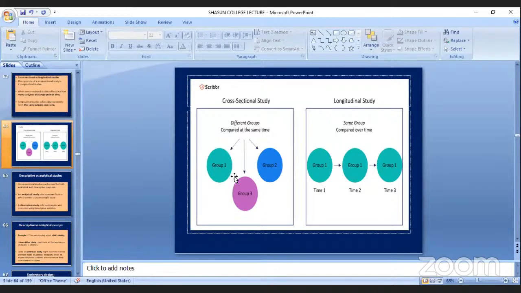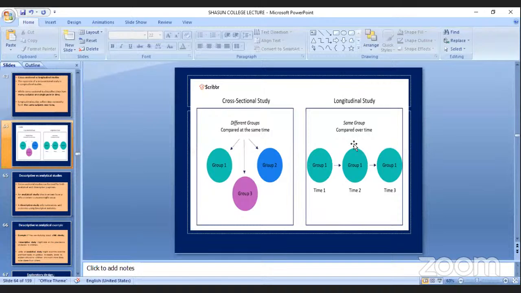Say, for example, in your college, you take different departments and you analyze something, like asking them what kind of food they want to have in the lunch period. You give some options like biryani, noodles, something like that. So you take statistics students, commerce students, economics students, and all that. So different groups of students are taken at the same time.